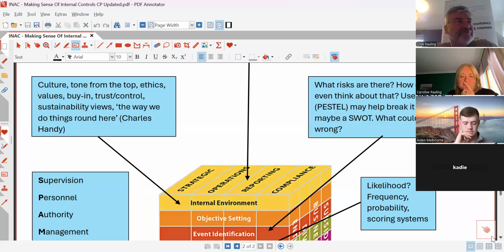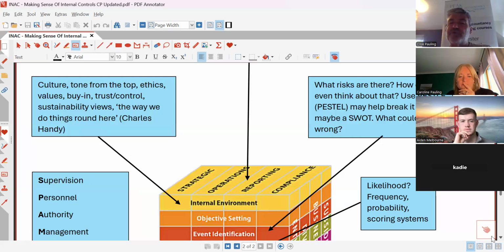Management information at the end of the day is down to the business in terms of what information it needs and how frequently it needs to produce it. But the business needs to consider what level of reporting, what frequency of reporting needs to be issued in order for management to make effective decisions.